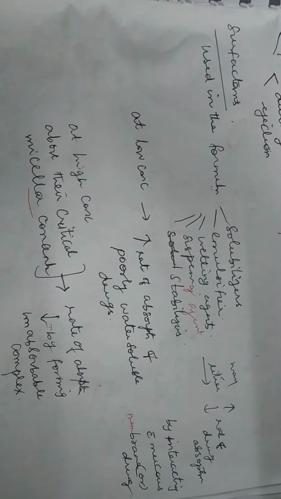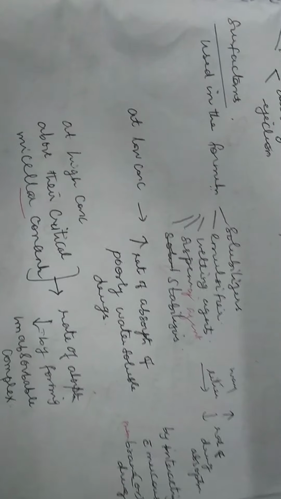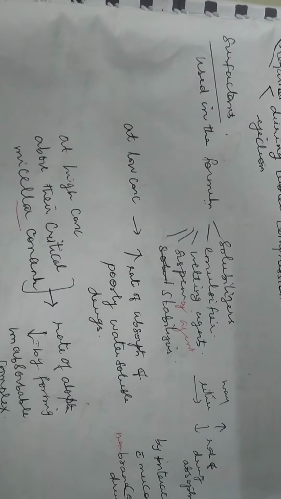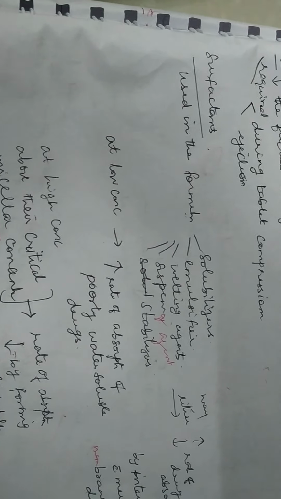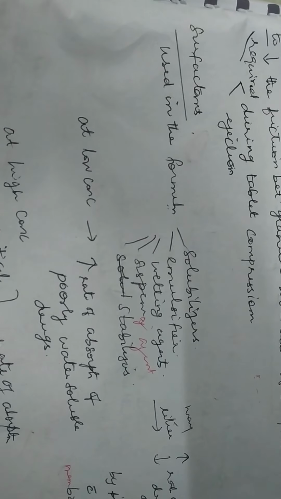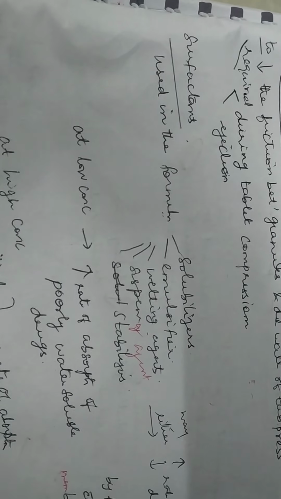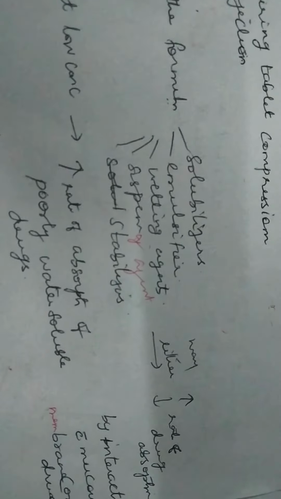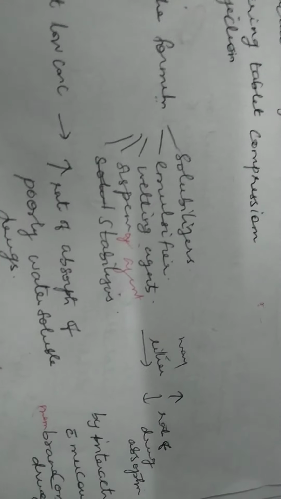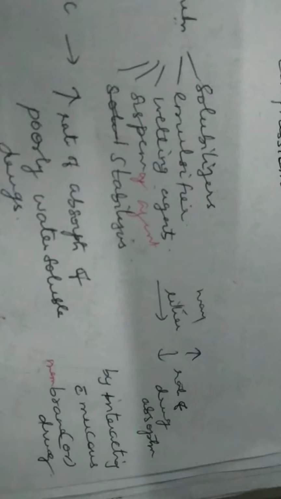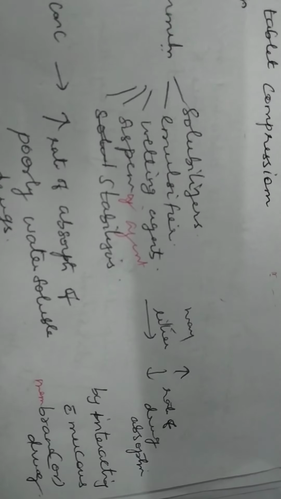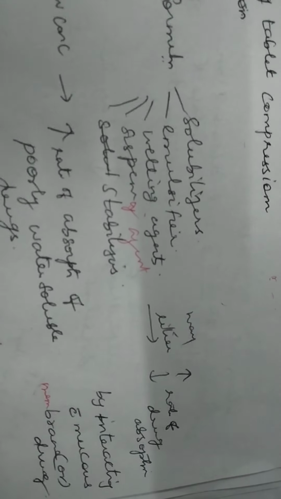The next excipient used is surfactants. Surfactants are commonly used in formulations as a solubilizer, emulsifier, wetting agent, suspending agent and stabilizer. They may reduce or increase the rate of drug absorption.